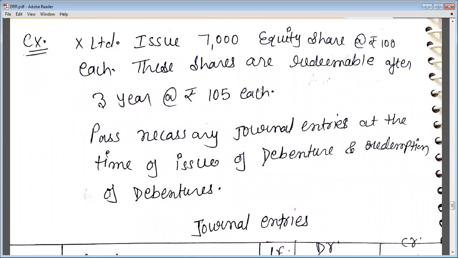That means 5 rupees is a loss, because you have to pay 105 for one debenture, and you are receiving 100 rupees for it. That means 5 rupees extra you have to pay to debenture holders. That means 5 rupees is a loss for the company.